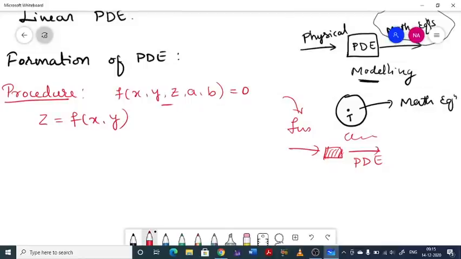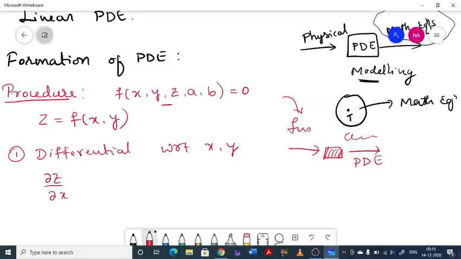Now given an equation, what we have to do is differentiate with respect to independent variables. x comma y, these are independent variables. Differentiate with respect to x and y. You get dou z by dou x if you differentiate partially with respect to x. So differentiate means partially differentiate. Keep that in mind. If there are two or more variables, partial differentiation is done. So dou z by dou x and you get dou z by dou y.